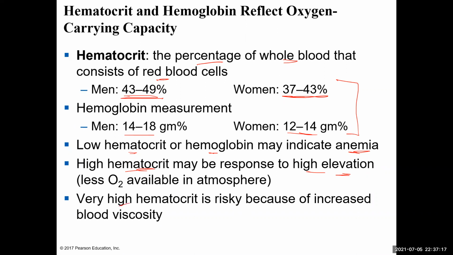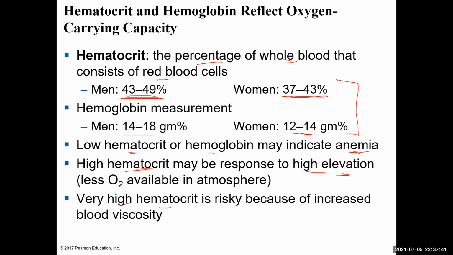But if you get really high hematocrit, basically what that means is a higher proportion of your blood is now red blood cells, and a lower proportion is the plasma, which is the watery solution. And so that means your blood is going to be more viscous. Think of molasses versus water.